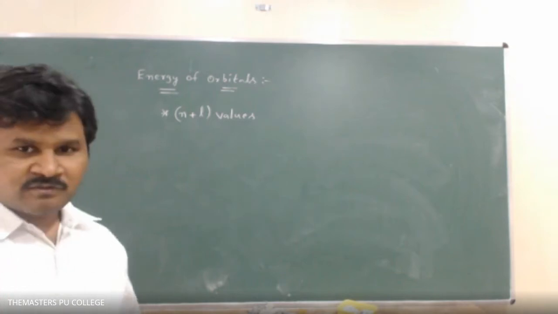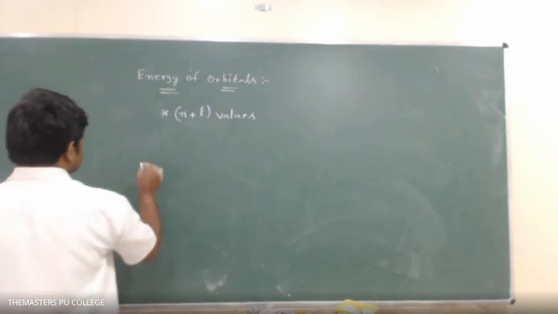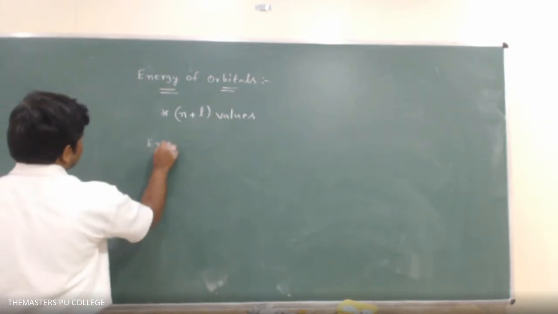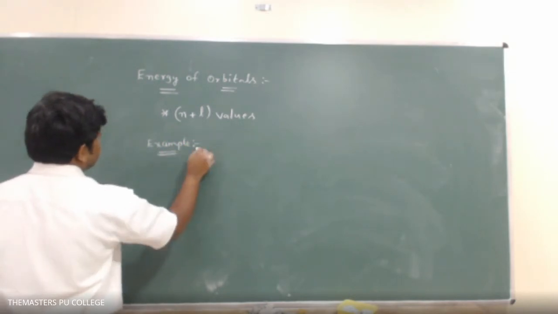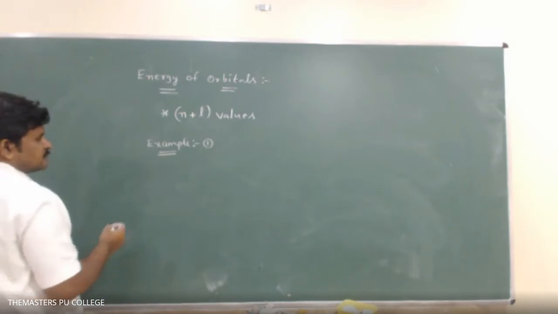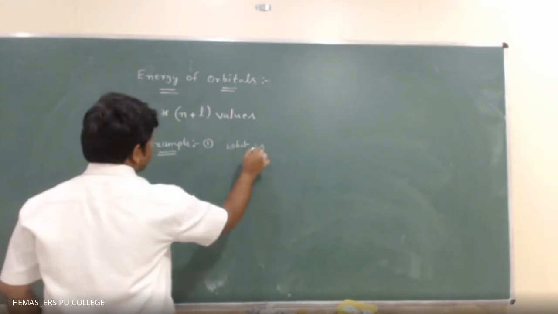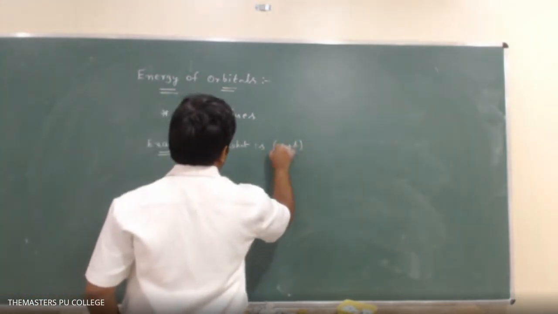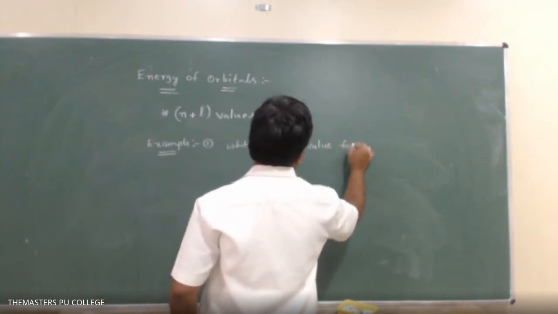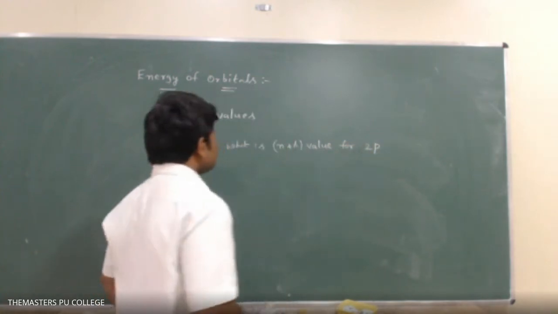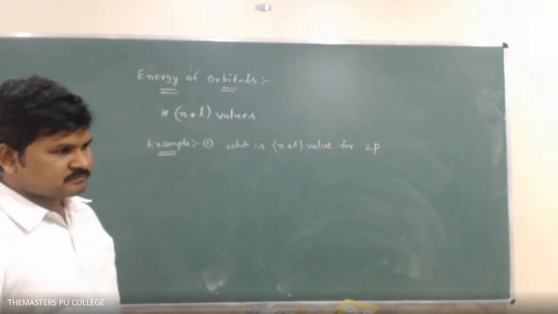Now I will give some questions. You have to identify n plus L values. What is the n plus L value for 2p orbital? Okay?